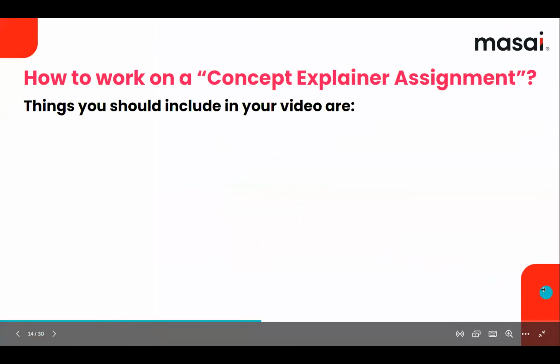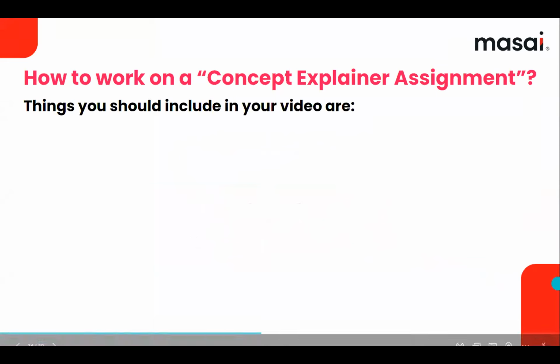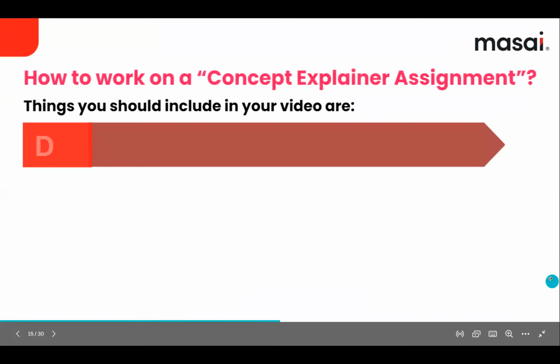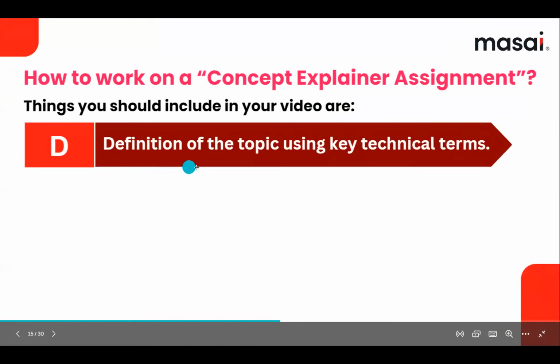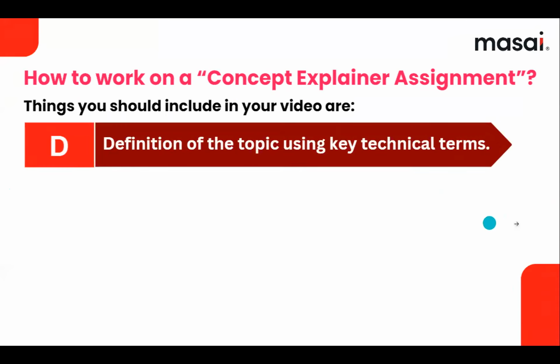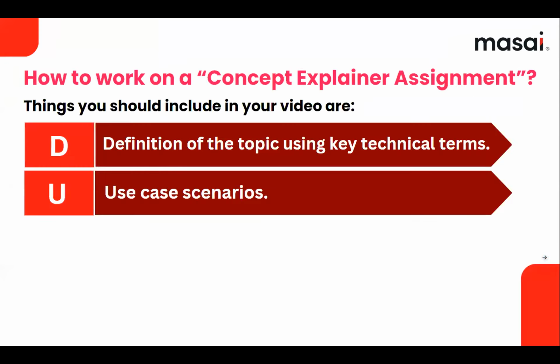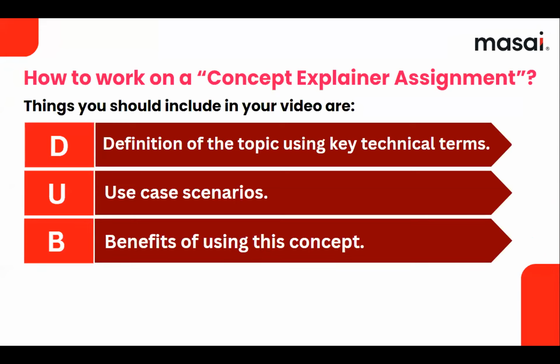Before going to the example, let me explain how to work on the concept explainer assignment and what things you need to take care of. The first thing is the definition. There may be some technical terms, and the definition must be short. Then use cases: some scenario, some real life example that you can relate to the concept so that the person can easily understand it.